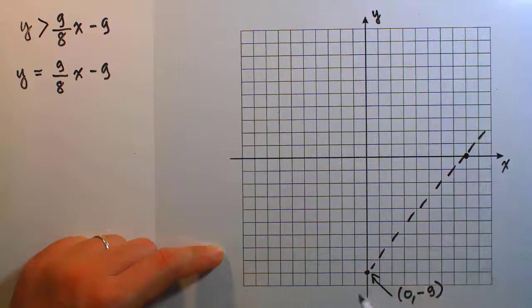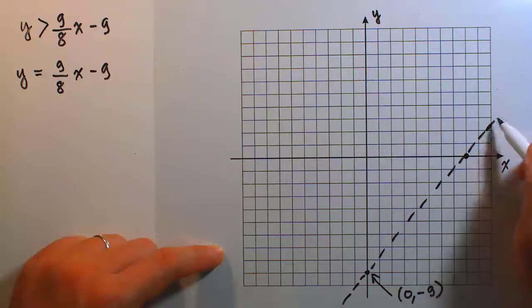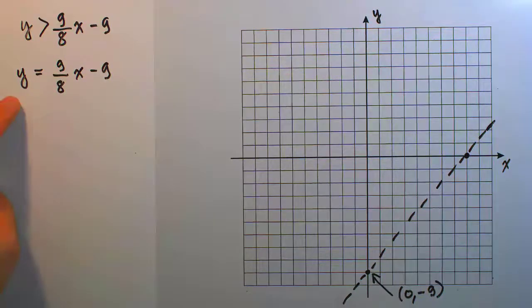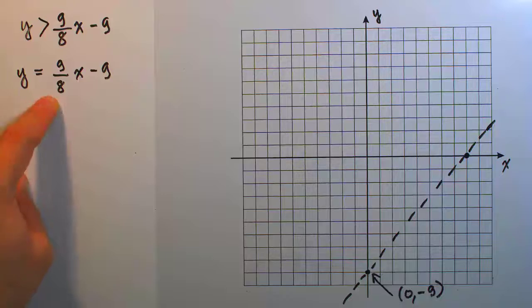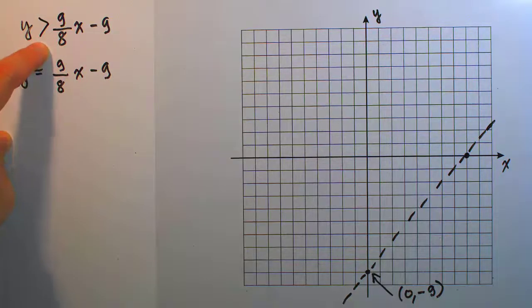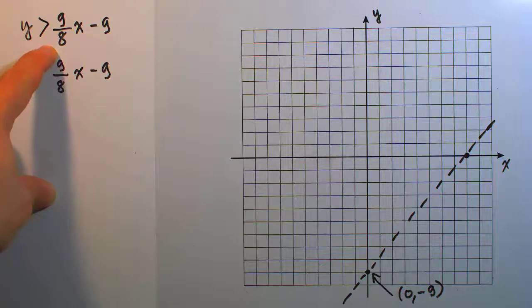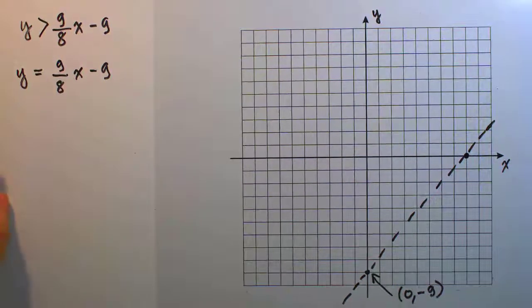Once again, the reason I'm using a dotted line for my line is simply because we are only drawing the line based on this equation, but in the end, our inequality did not have the equal sign. And so we are going to only use a dotted line, as the inequality originally came without the equal sign.